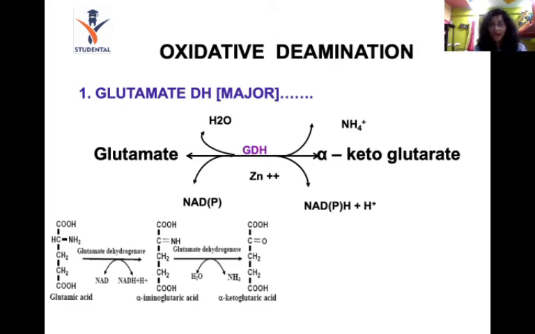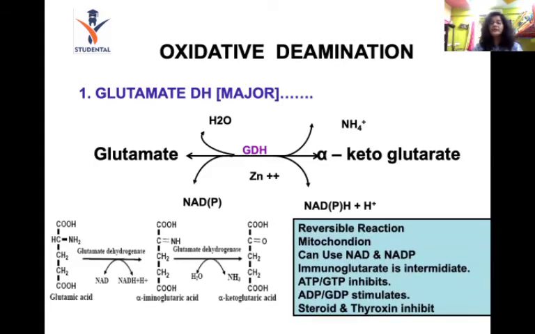Now what is the specialty of this reaction? As you can see, this is a reversible reaction, and the direction of the reaction can be shifted to either side depending on the availability of substrate and the availability of ATP. So here you can see its importance.